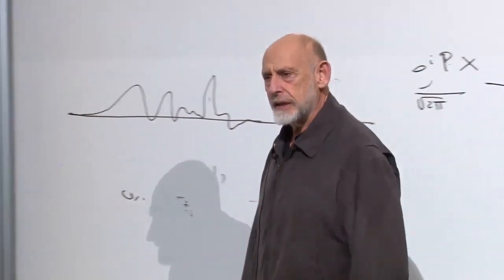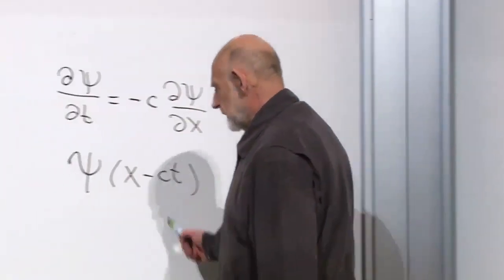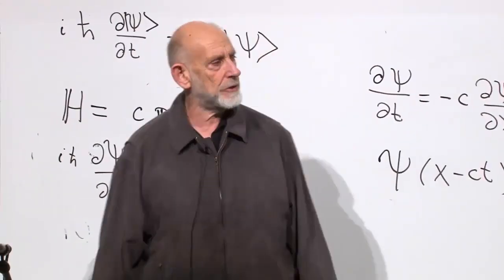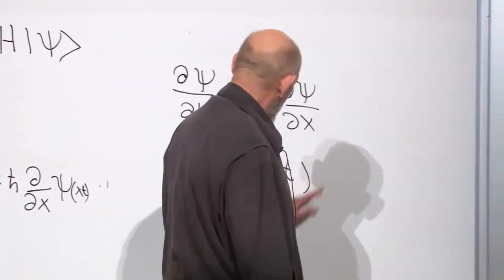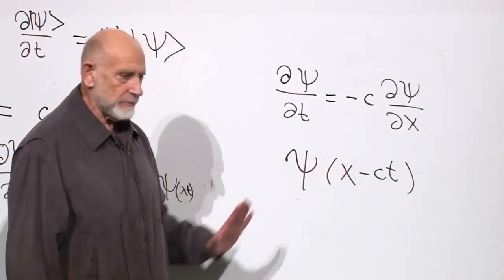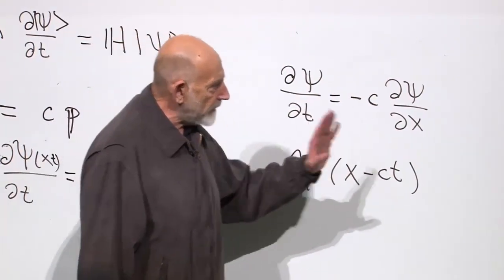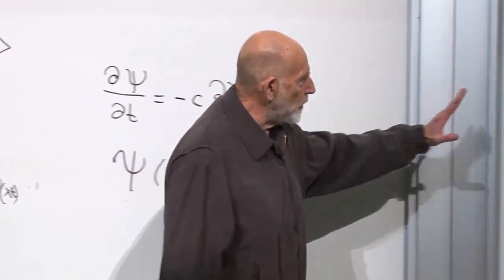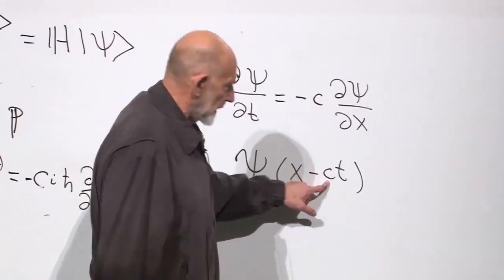And now we let t run. We let the time go forward. What happens to this solution? What happens to the solution is it stays exactly the same shape, except every feature of it moves with a velocity c.